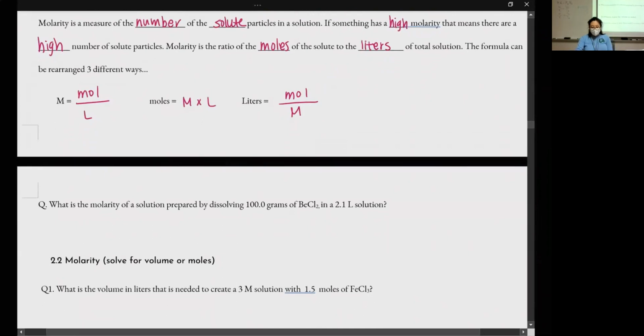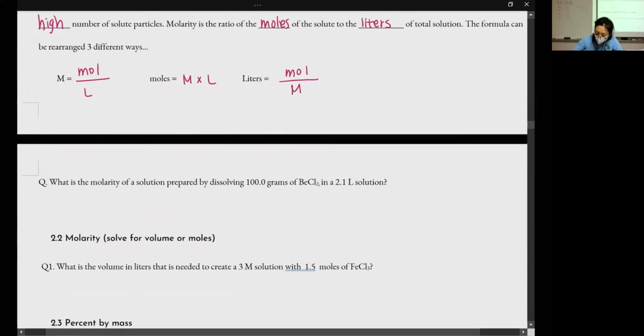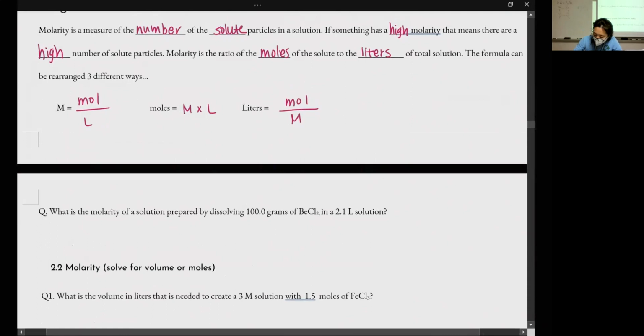So the questions that you will be asked to do for molarity is to find the M of a solution prepared by dissolving 100 grams of BeCl2 in a 2.1 liter solution. So we know our given is 100 grams and 2.1 liters.